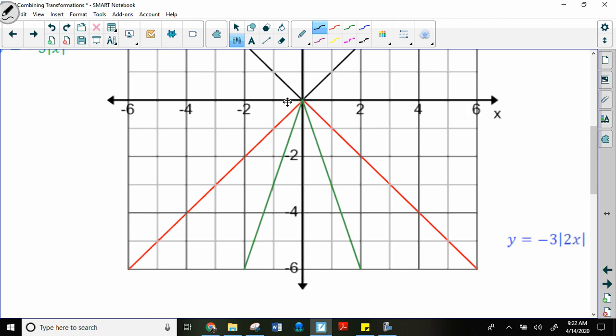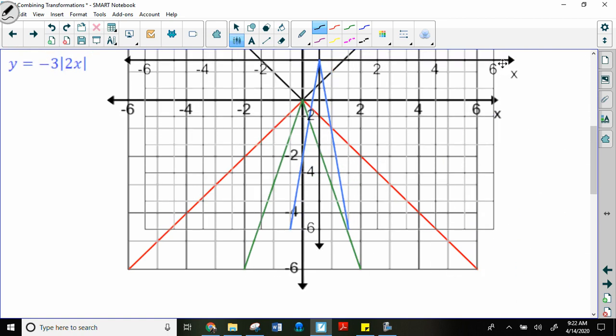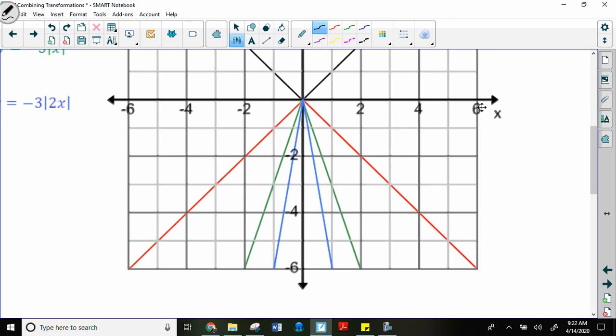It's going to get squashed. So instead of being -1 at -3, now it's going to be -1/2 at -3. Instead of being -2 at -6, it's going to be -1 at -6. So you're going to see the blue gets even skinnier because the x values are getting compressed and squashed.